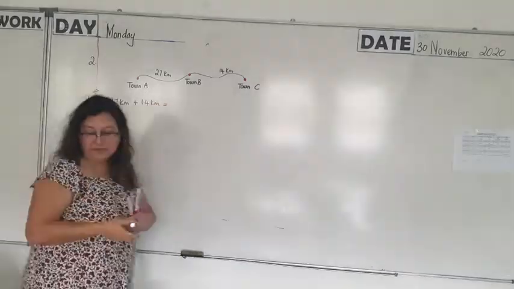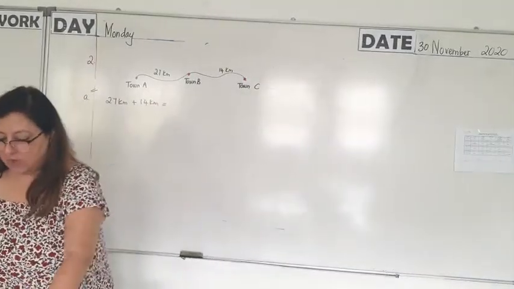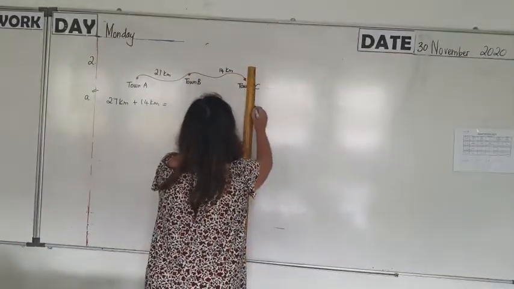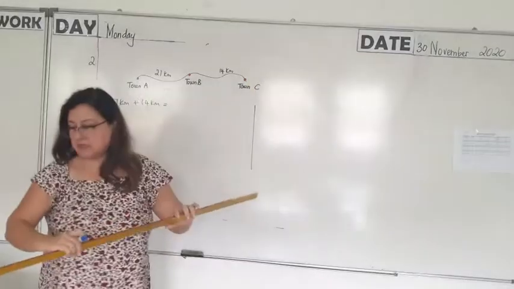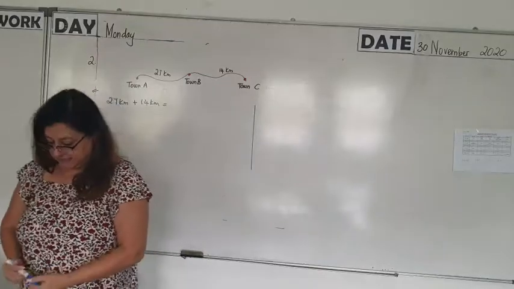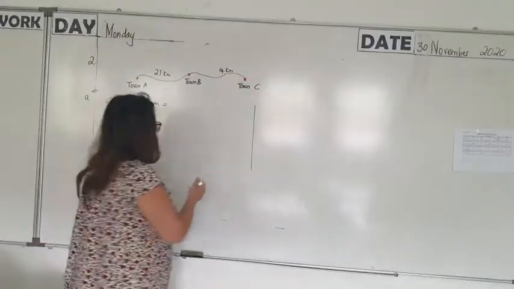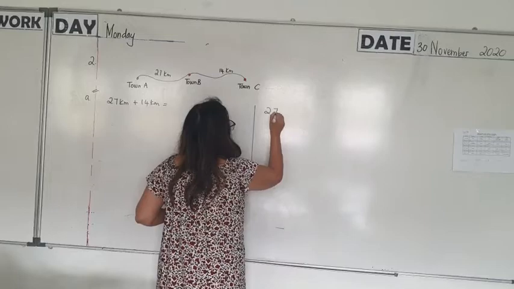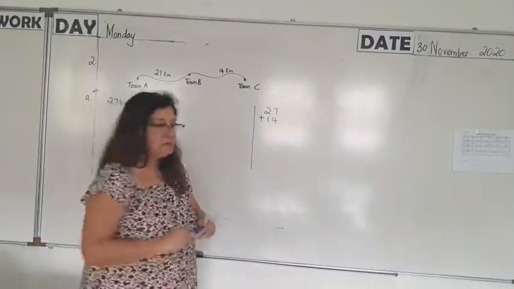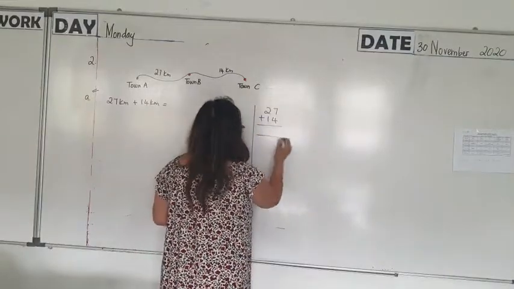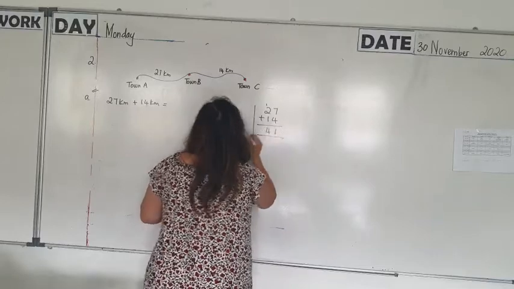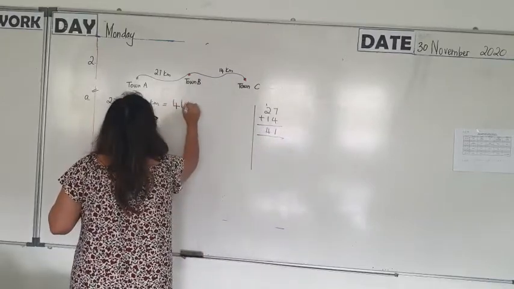Please draw a working column. 14 plus 27, you can just add. So it is 41 kilometers.